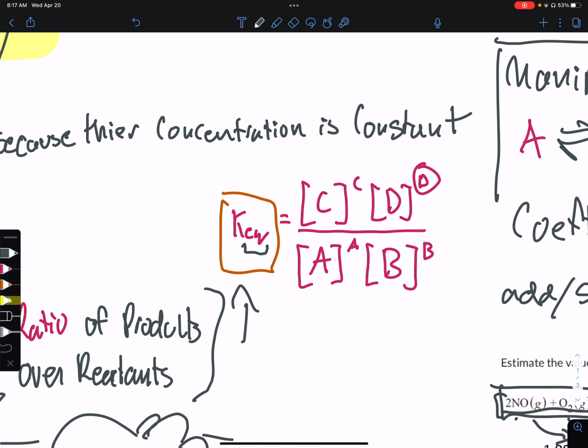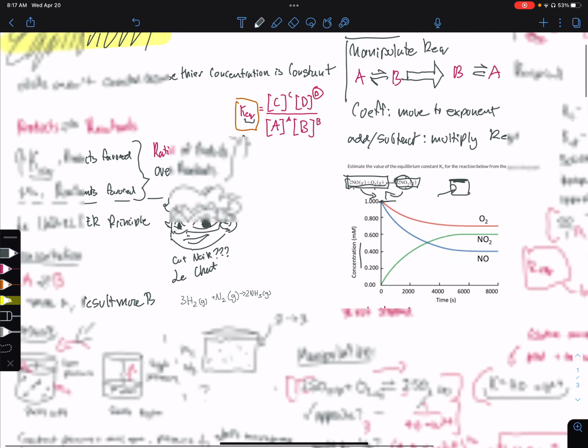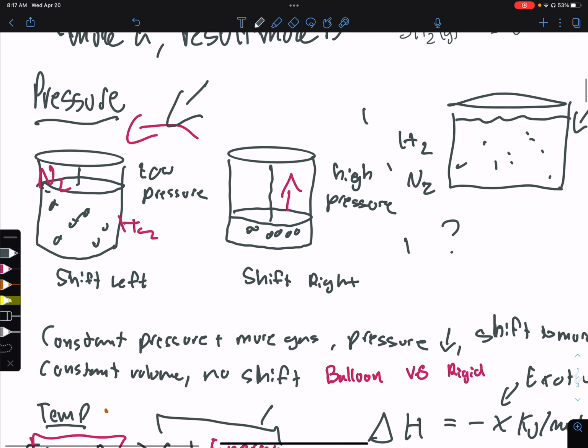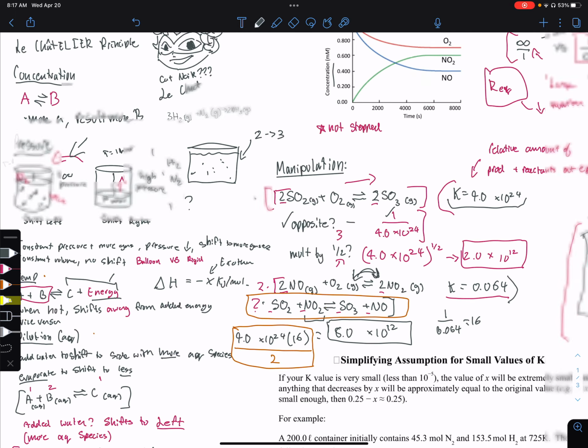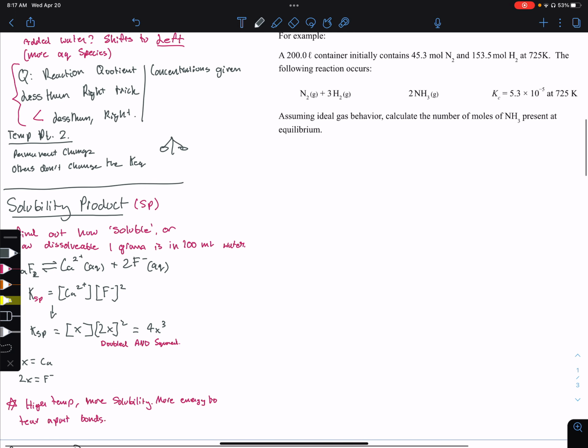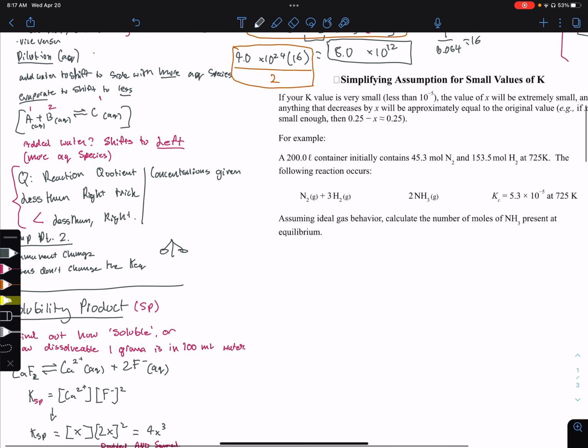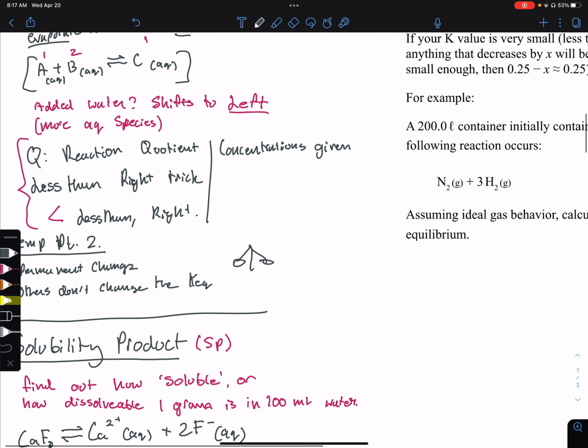However, we take it at different times during the reaction, like if this is t equal to 0 and this is t equal to 1 hour or whatnot, within that time span the numerical value of the concentration will be different. And we can take the concentration at different times and compare to figure out if it's favoring the right or the left.